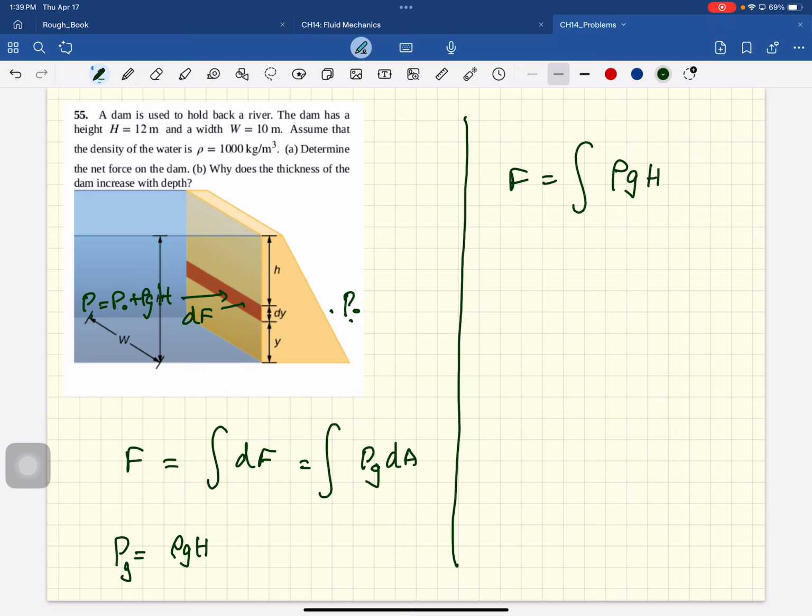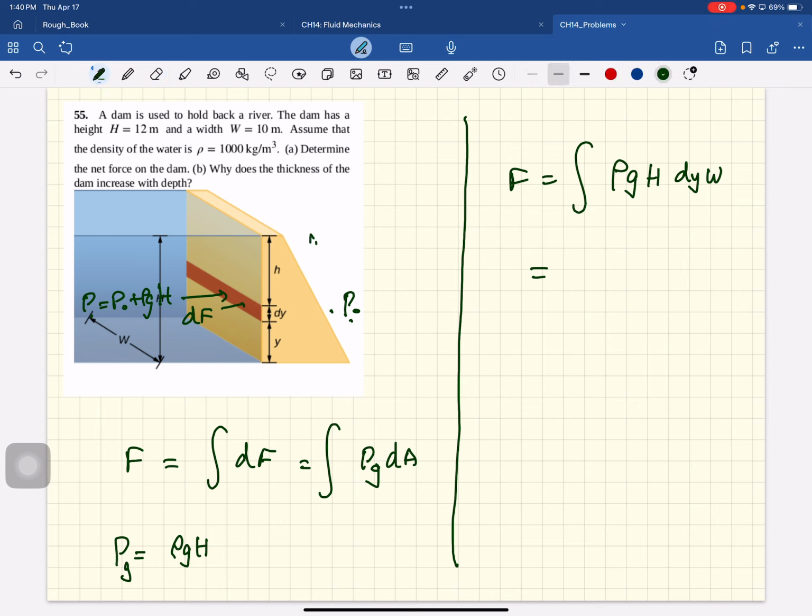Area is dy times width. What is h? So we are measuring y from here like that. Actually, let me use this notation. Capital H was the total height.